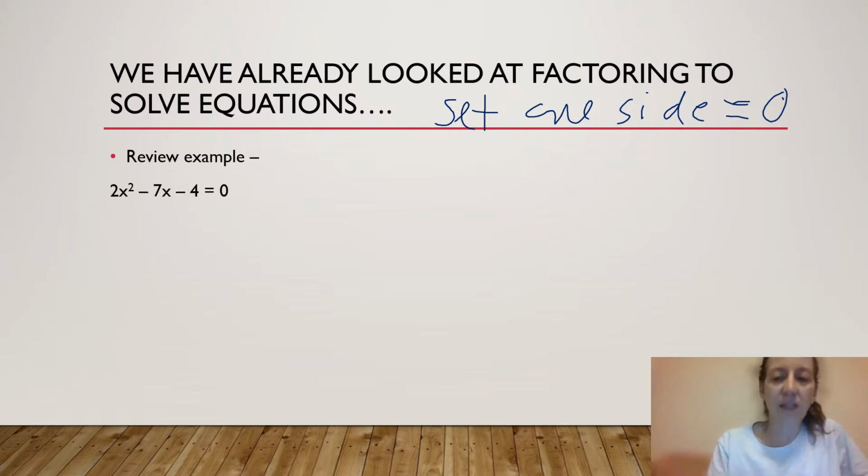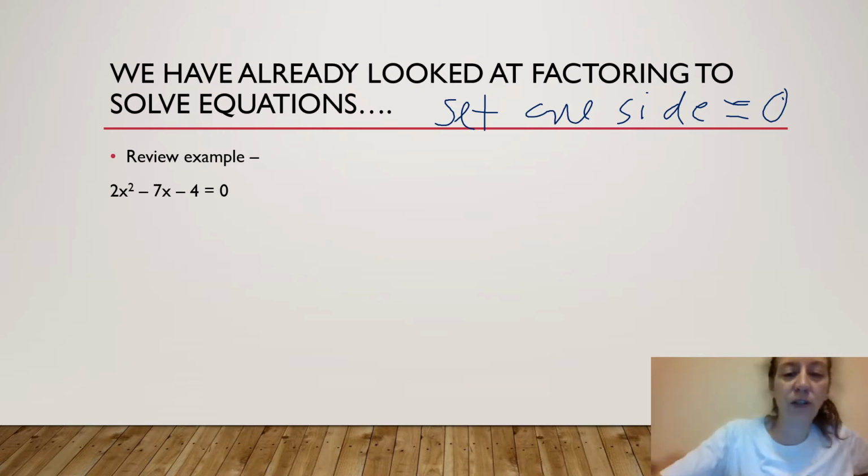And that's because the strategy that we use when we're solving this is the zero product property. So whenever you're solving an equation by factoring, that's the direction you're going to go with it. And in order to use that property, you do need to have the 0.